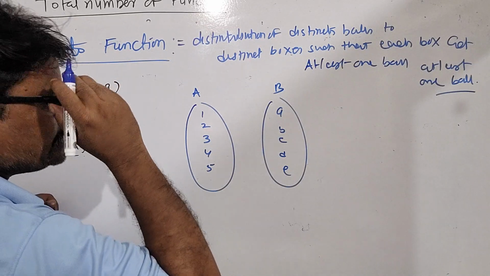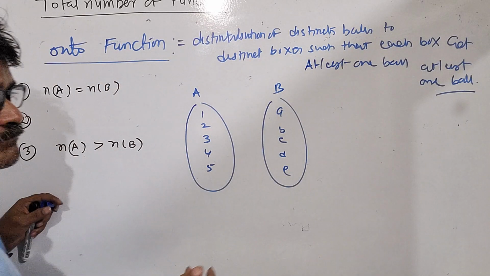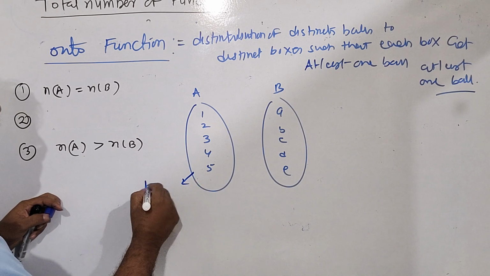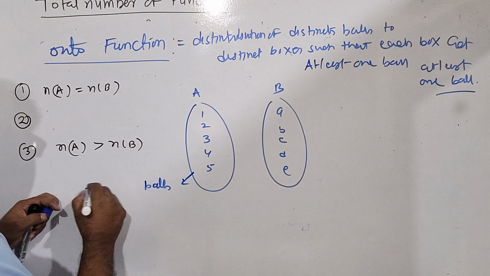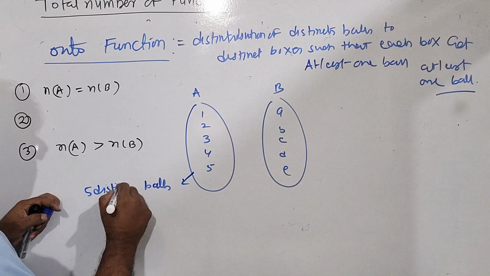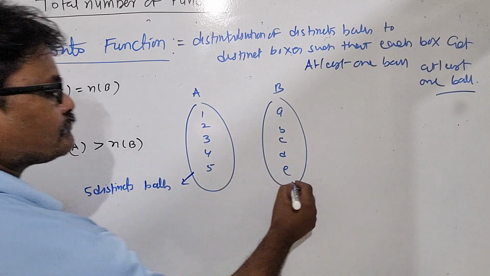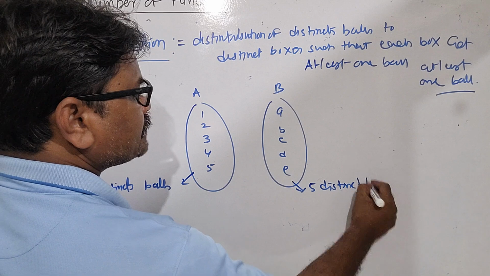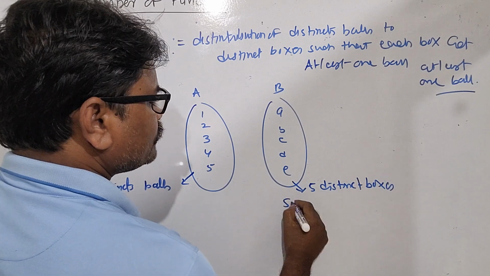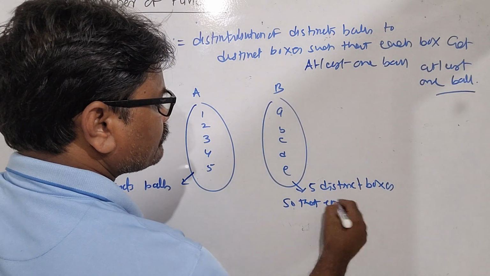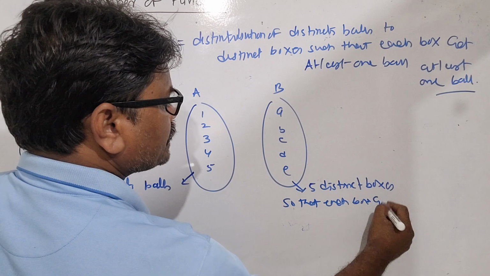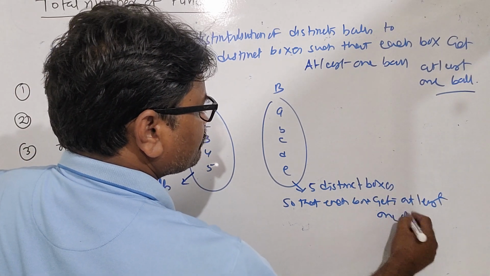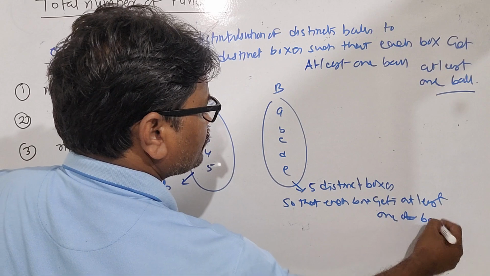So the number of onto functions is equivalent to, say that these are the 5 distinct balls that have to be distributed into the 5 distinct boxes, so that each box gets at least one, this is important, at least one ball, correct?